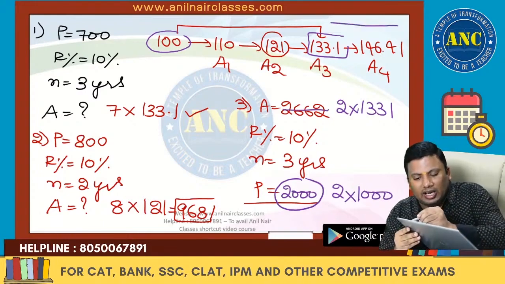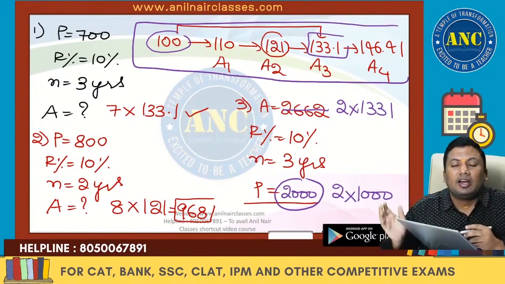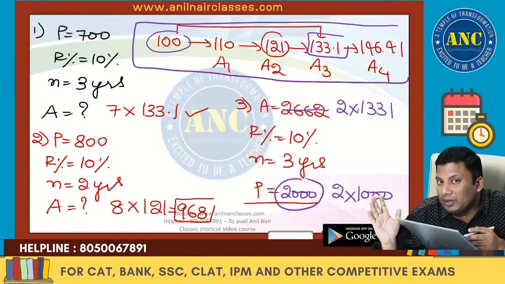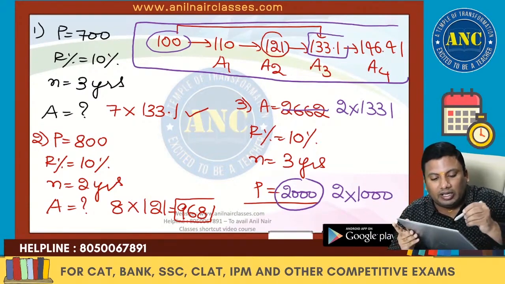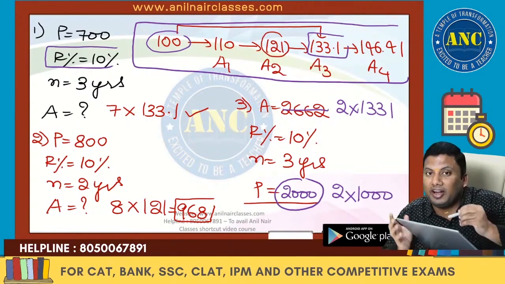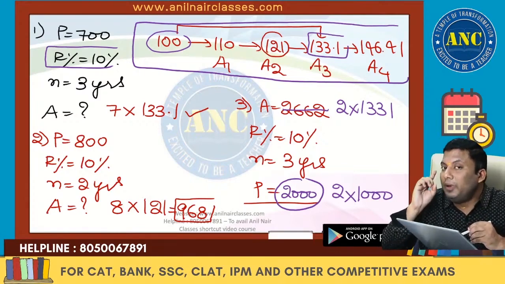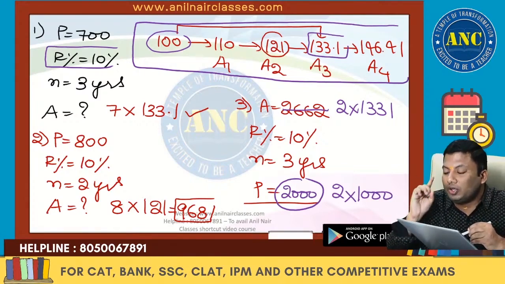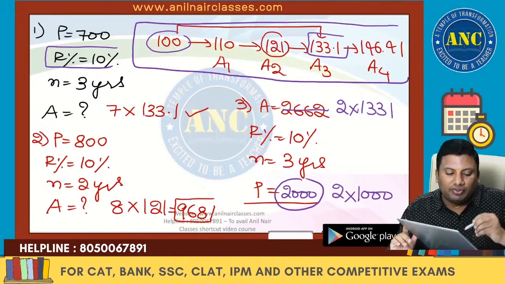Any series where you get the amounts in this pattern, 121, 133.1, immediately it should strike you. R is nothing but 10%. If you find any values in your questions where the amounts are behaving like 110, 121, 133.1, 146.41, then you can use this concept.